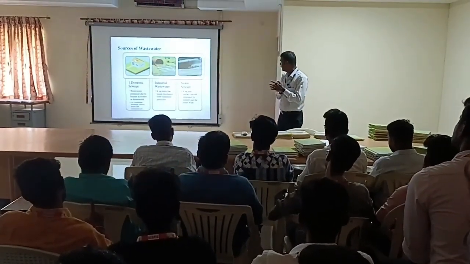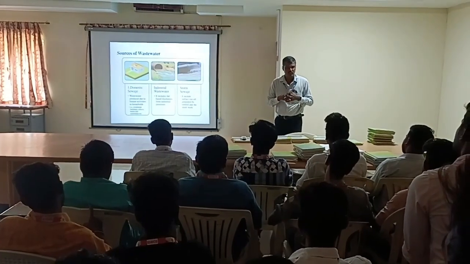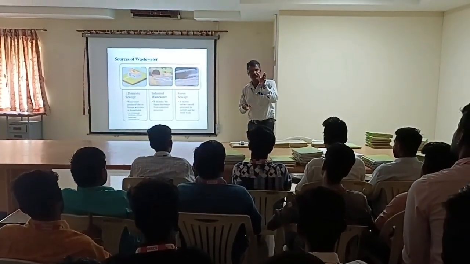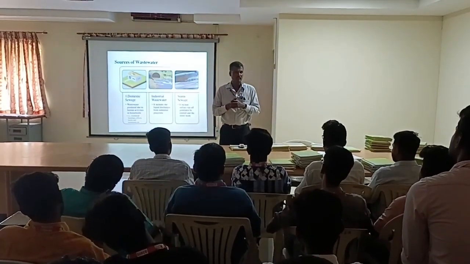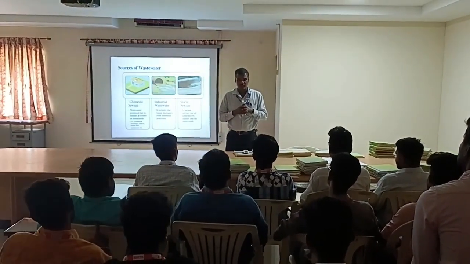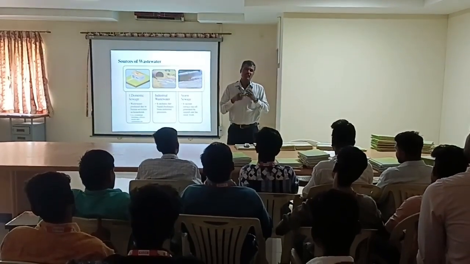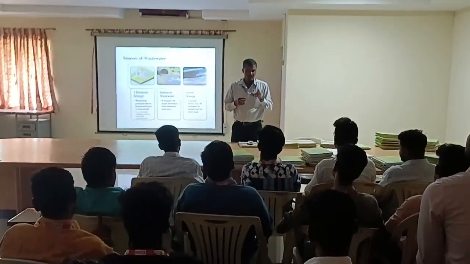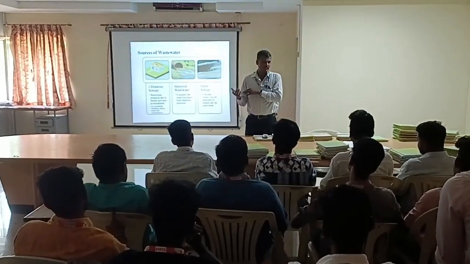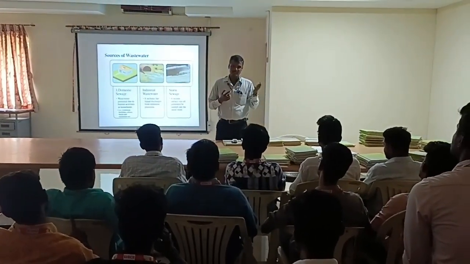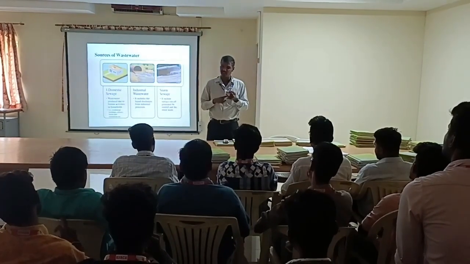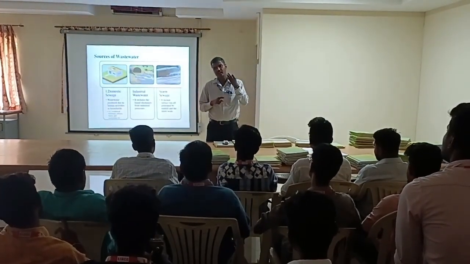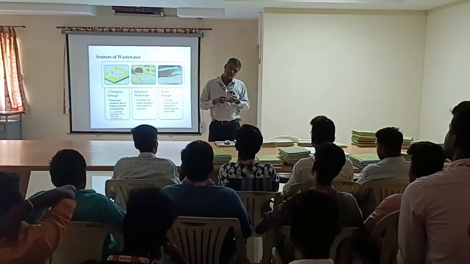And then the next thing is industrial wastewater. What is industrial wastewater? The name itself clearly says it is the wastewater discharged from the industries. There are many industries like paper industry, distilleries, sugarcane industry, automobile industries, and textile industry.